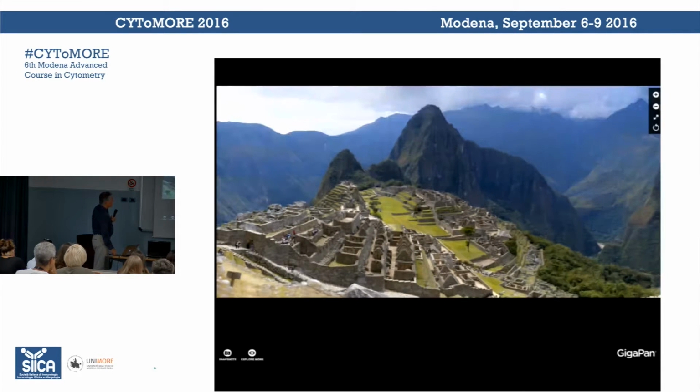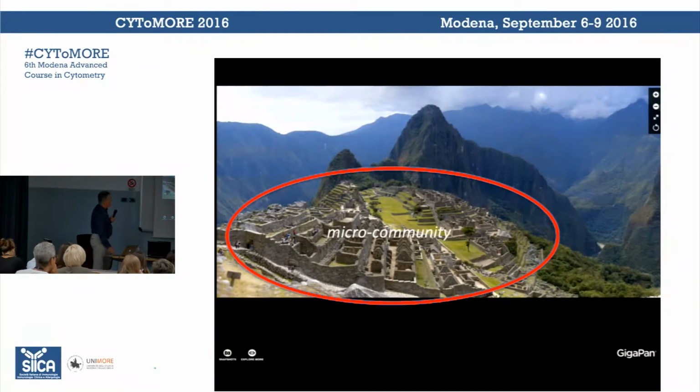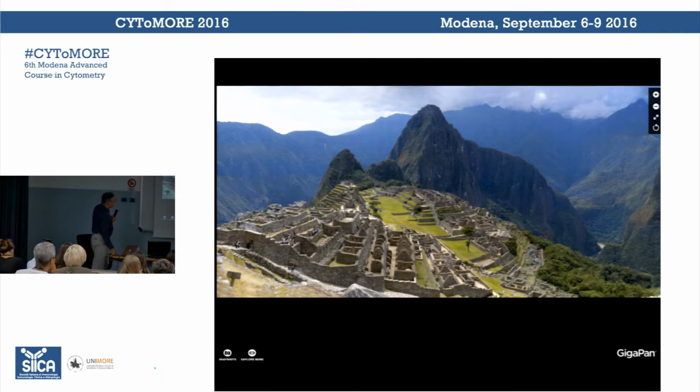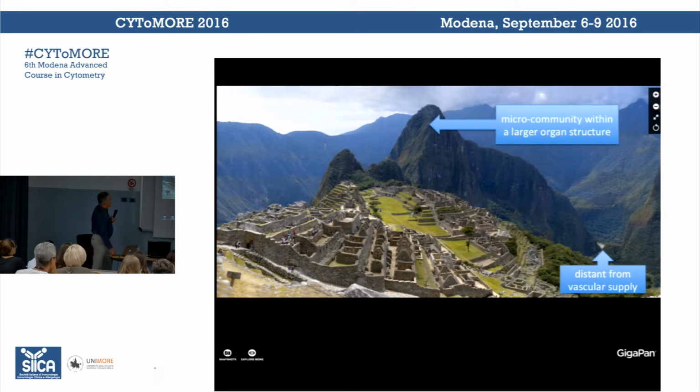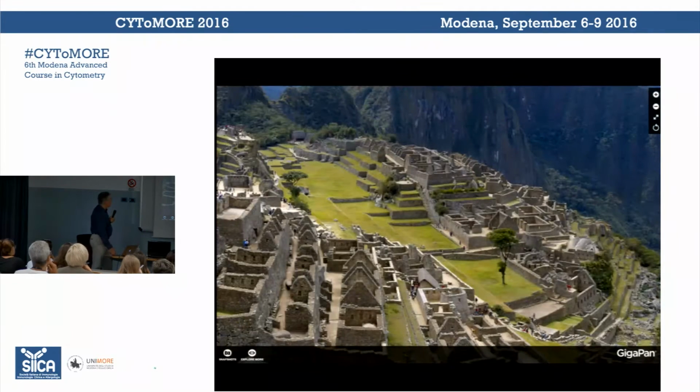As we go a little bit closer, you'll see that there's a microcommunity embedded within that image, and it's distant from its vascular supply. You could probably notice that there are larger organ structures within which it operates, almost certainly exocrine and endocrine structures. But here you can see there's also a hypoxic environment associated with that. Let's zoom in a little bit more closely.